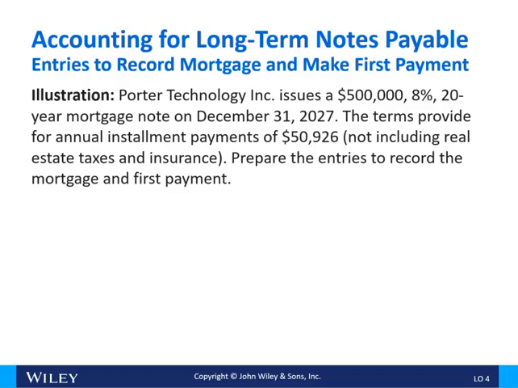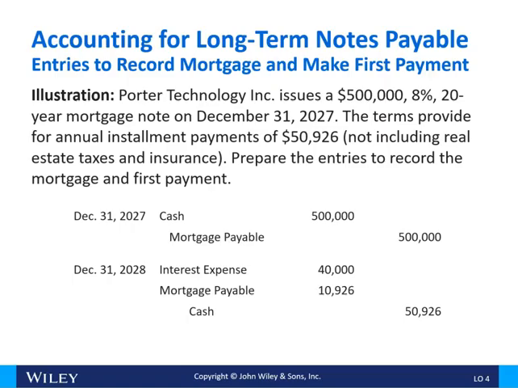But when we make the first payment, the $50,926, we're going to split that between interest expense, that $40,000 we calculated in that first payment, and then the mortgage payable. So we're reducing that mortgage payable account directly, $10,926, and the cash we paid is the $50,926. So that's the entries at issuance, and then 1 year later when we make the first payment.